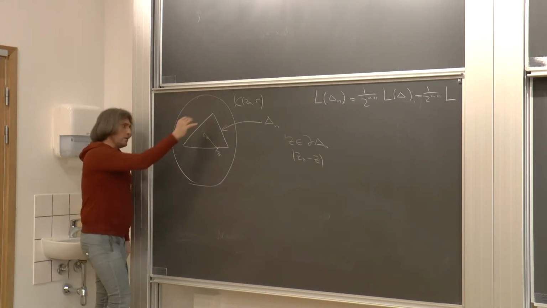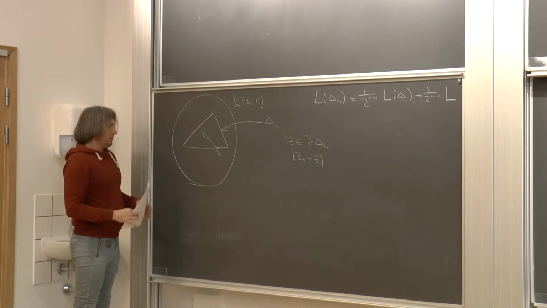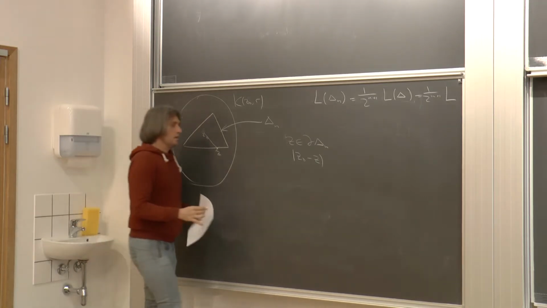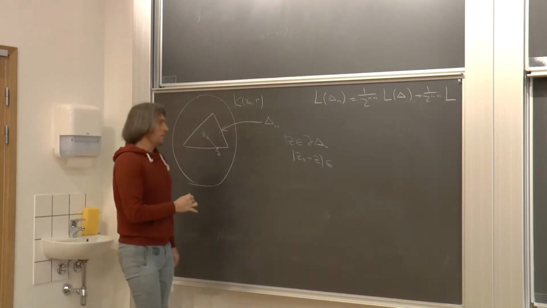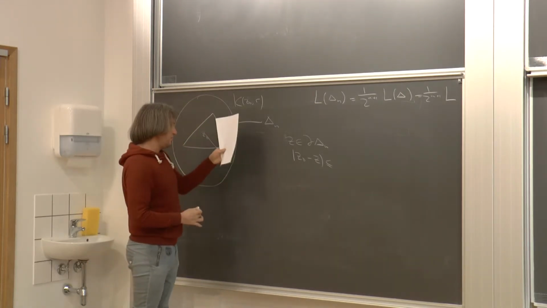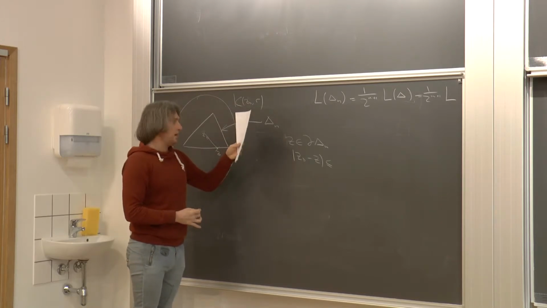It's a calculation inside this triangle that this distance can be estimated by the perimeter. So the book says that it's estimated by 1/2 of the perimeter.